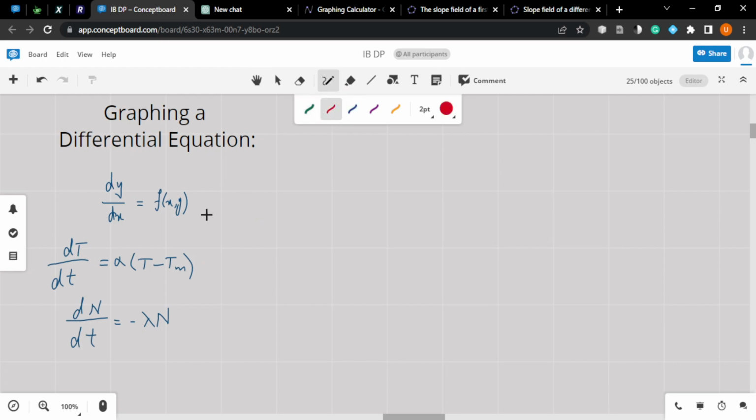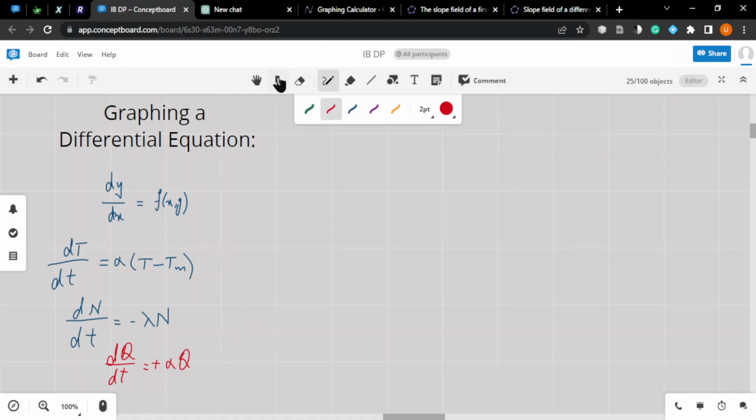Similarly, if there is some quantity, say Q, divided by dt, and that quantity is changing, we can put a positive sign over here. So with the negative sign, this is a decay model. With a positive sign, we can say that this is a population growth model, right?